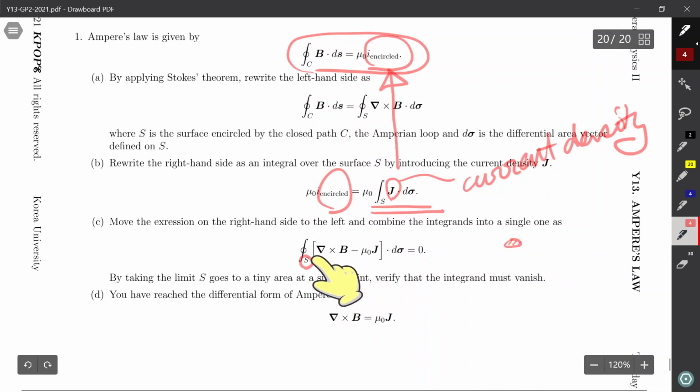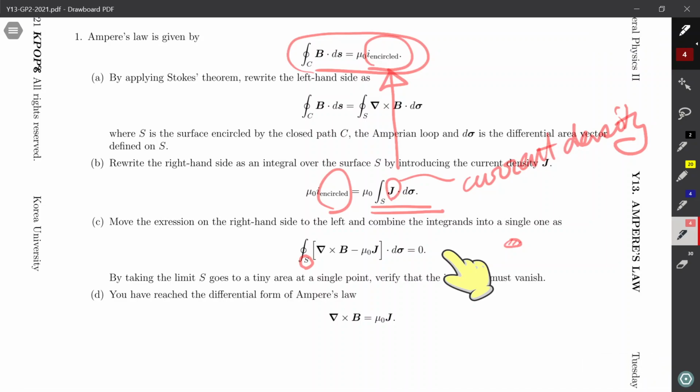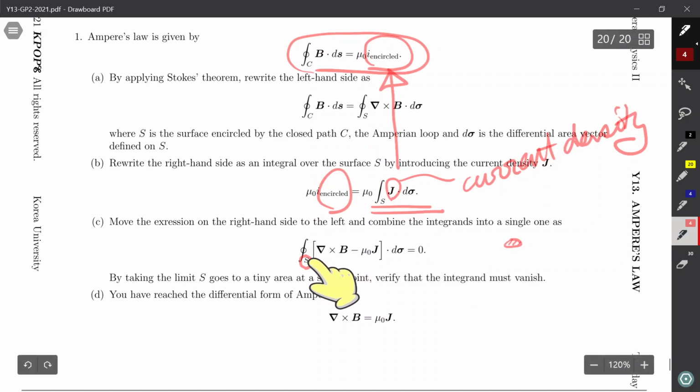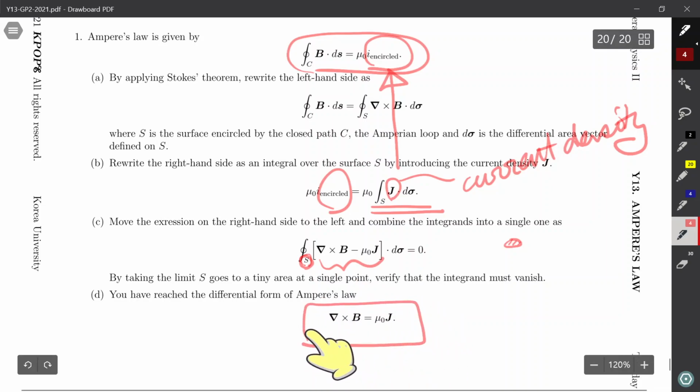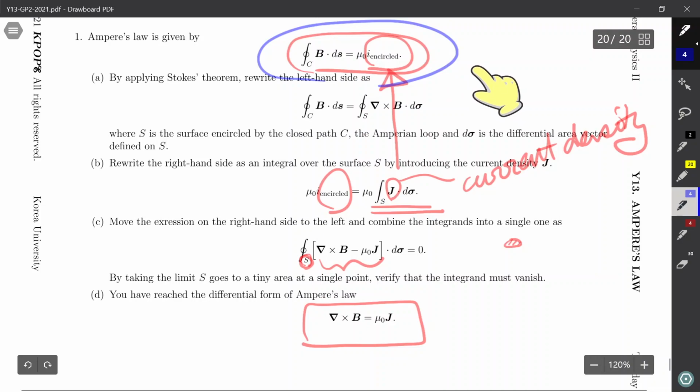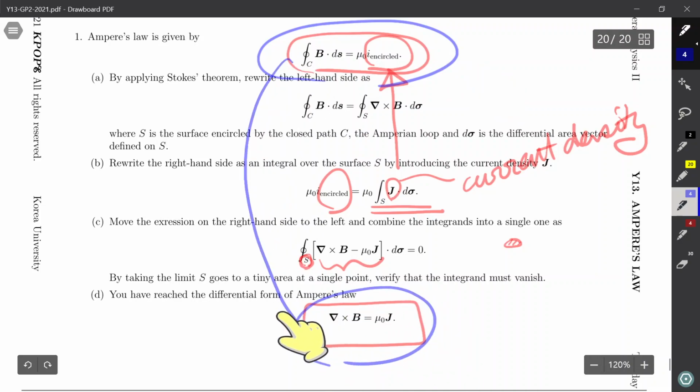Then it reaches a point. That means this integral vanishes for any such surface. It's a tiny surface, just a point, and the integral must vanish. That means we can obtain Ampere's law in the integral form, and this is Ampere's law in the differential form.